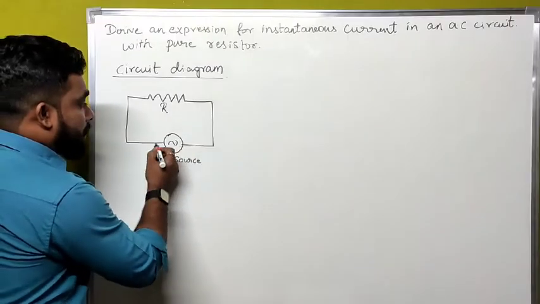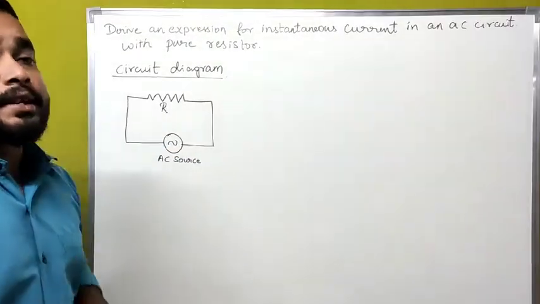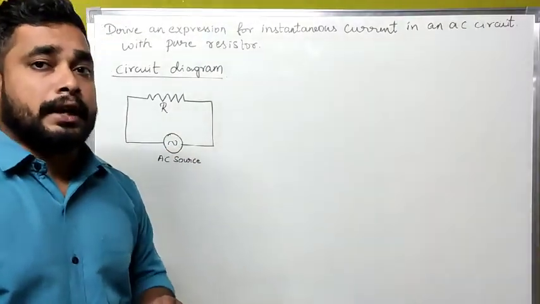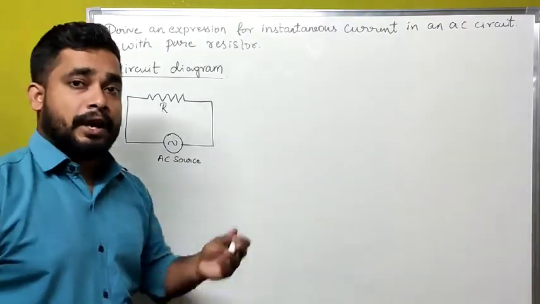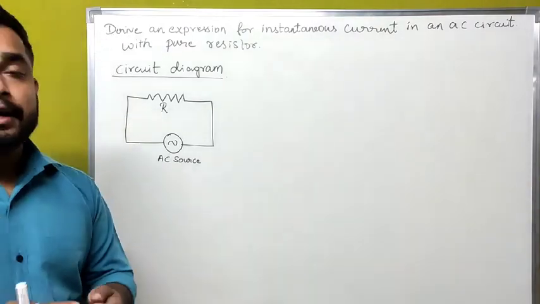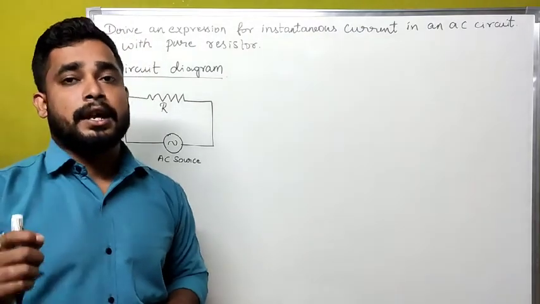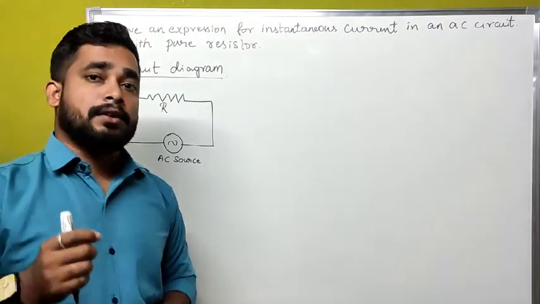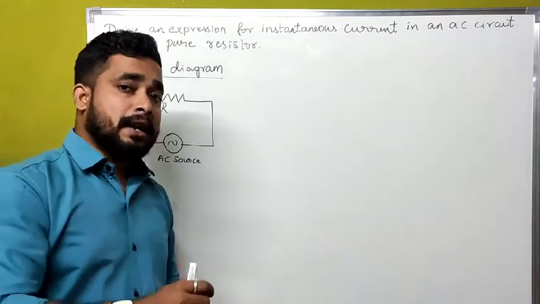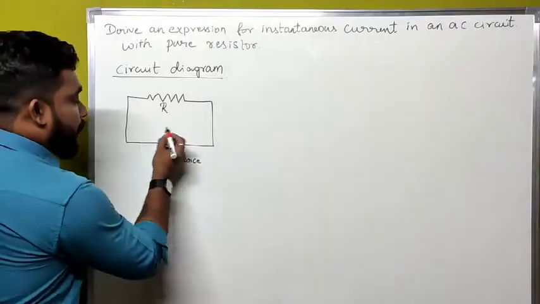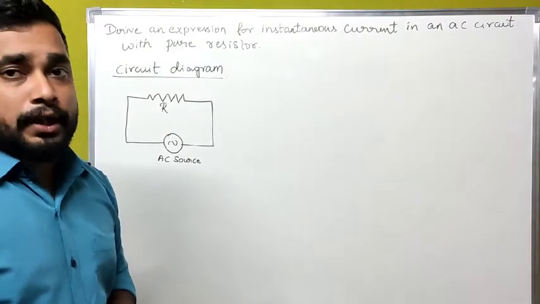But the equations for instantaneous value of voltage and current, we know from yesterday's class. The instantaneous value of voltage is V is equal to V naught sin omega t, and the instantaneous current is I is equal to I naught sin omega t.